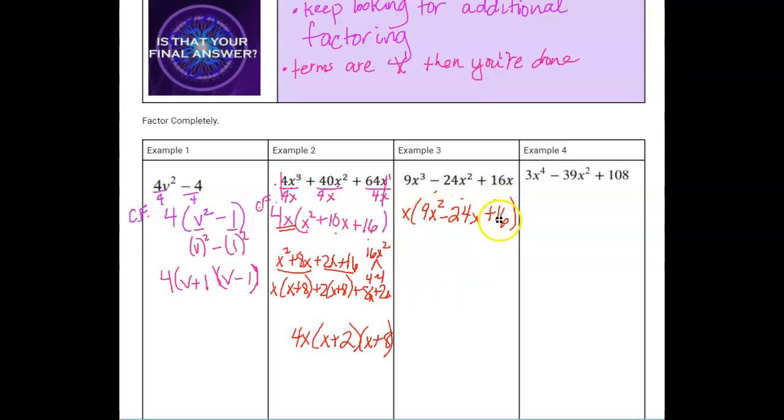So a times c, the factors of 144. This is a tricky one, but I've done 144 a lot, so I'll give you a hint. It is 12 times 12. And if we want to get negative 24, we can make those both negative and add our x. So I've got 9x squared minus 12x minus 12x plus 16.